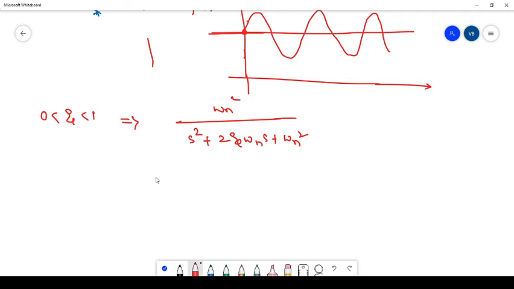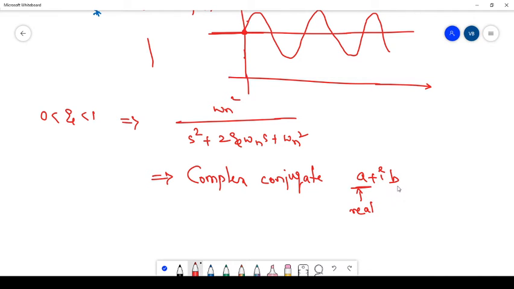So what you get here is that the roots are complex conjugate, nothing but you are going to get them in the format a plus ib, where a is the real part and b is the imaginary part. In the previous case, we only got imaginary roots. Here you are going to get real and imaginary parts, so combined that is called complex conjugate.